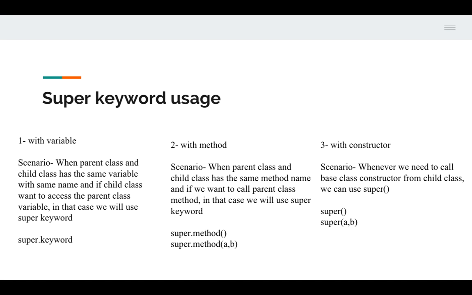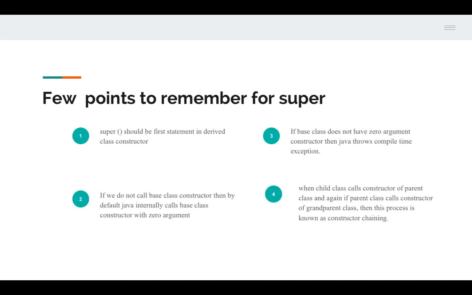A constructor also makes some automatic calls with the super keyword, which I will be showing you. But in simple words, again, whenever we have to make a base class constructor call from a child class, we will use super.